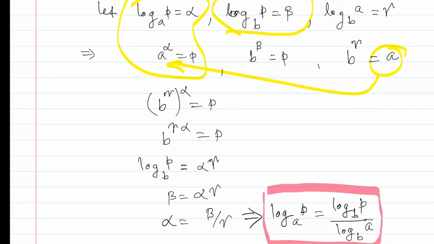This property is also called the base change property. Log of p to the base a is equal to log of p to the base b divided by log of a to the base b. That is, these two bases get cancelled and this a comes under the base.